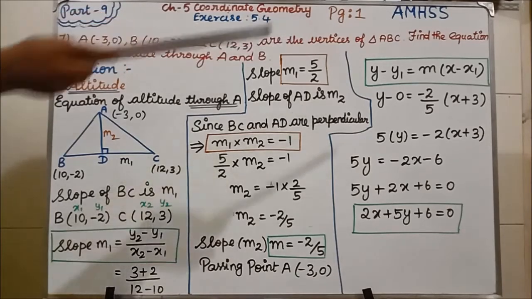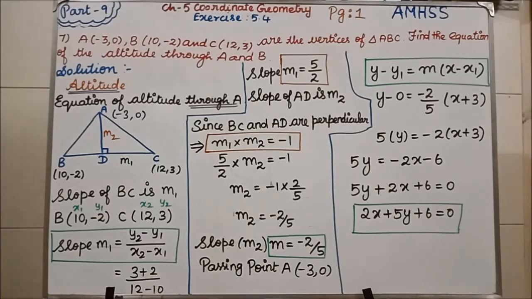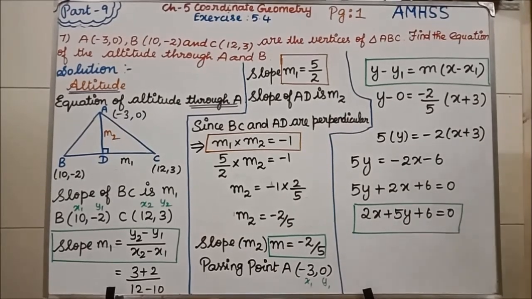Y minus y1 is equal to m into x minus x1. That is our formula. Clear, students? Do you know which is x1, y1? Minus 3 is our x1, 0 is our y1. So we are substituting here. What is the formula for this? 1 point, 1 slope.